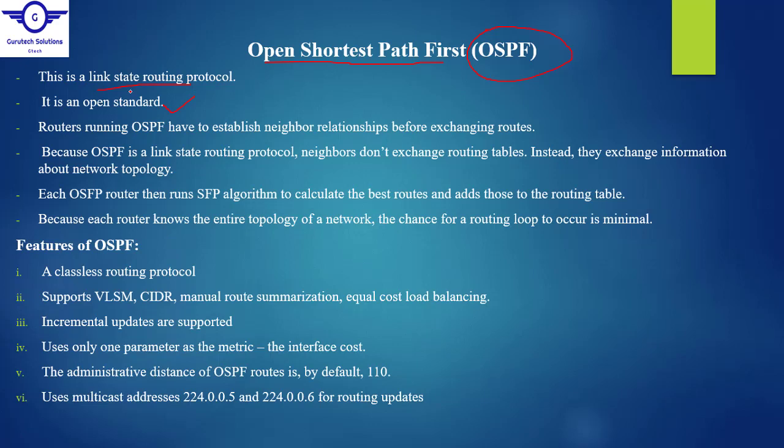The routers running OSPF have to establish neighborhood or neighbor relationship before they can exchange information or routes. In the topology, when routers are running OSPF protocol, they must establish neighbor relationship before they can exchange routing information.